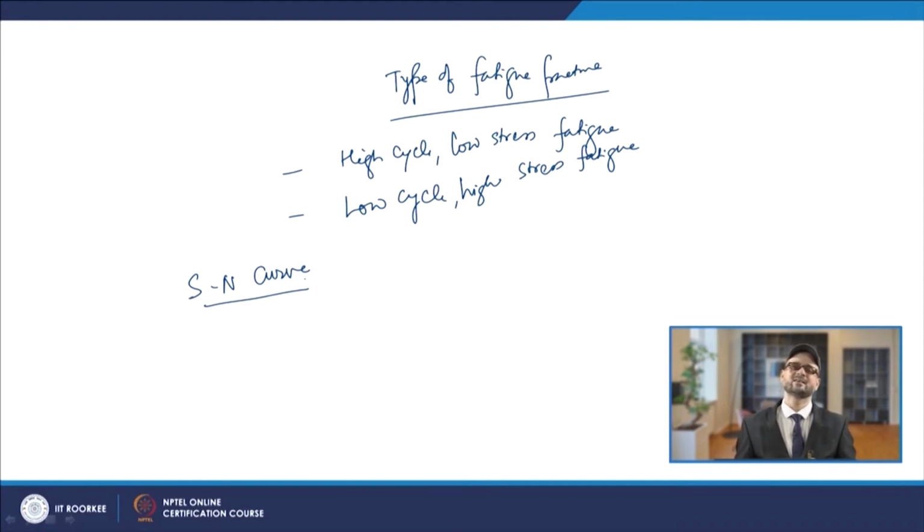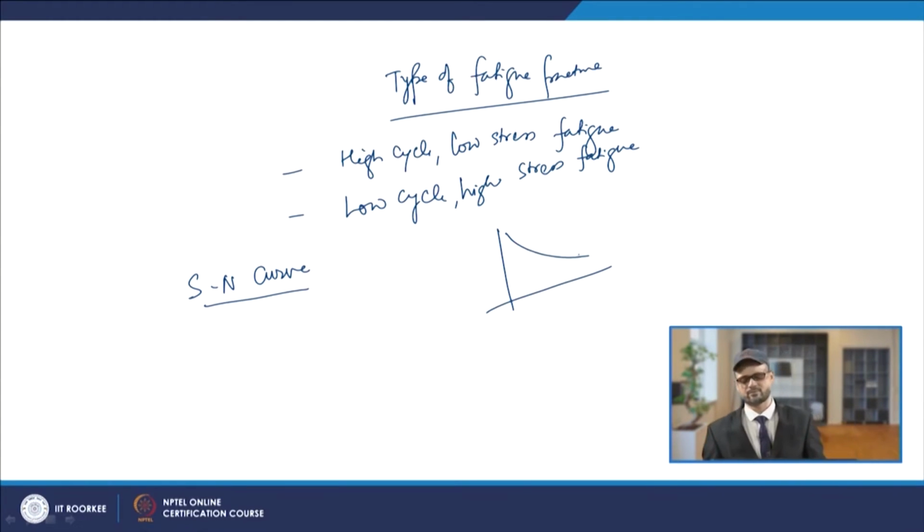It tells you that at a certain stress value, if it is subjected to alternating stresses, for how many cycles the material will sustain. That curve is known as the SN curve.